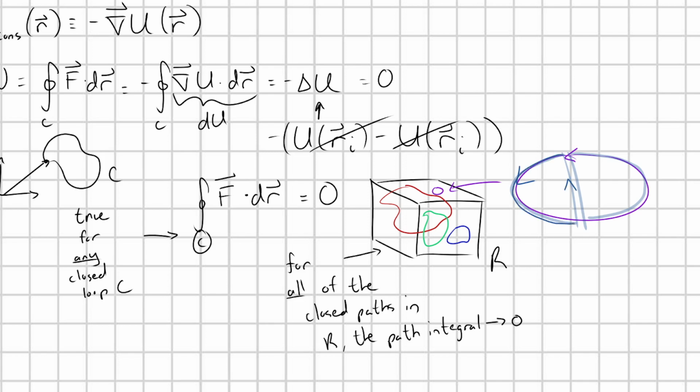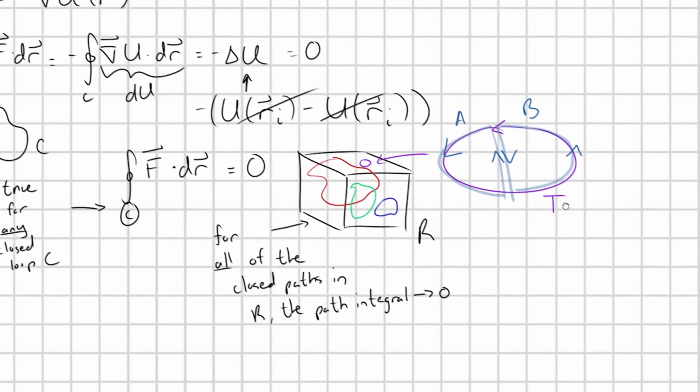We have this closed loop. I'll call that closed loop A. And then the particle next traverses this blue path here, and I'm going to call this path B. And I'm going to call this purple path the total path T.